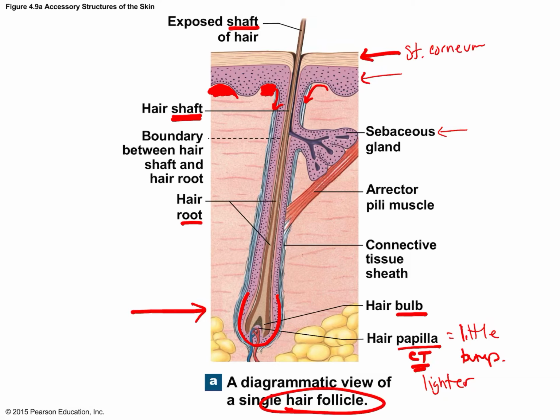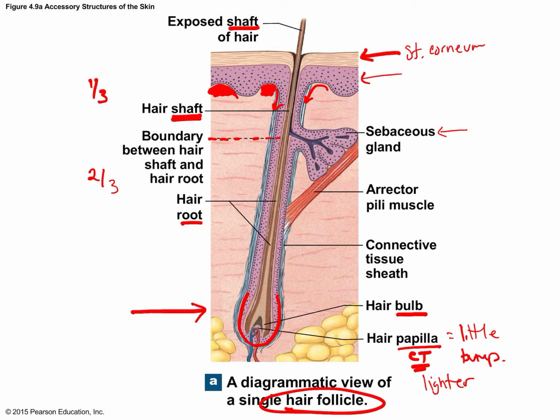So the shaft is organized and exits the skin, whereas the root is not yet quite organized. There is a boundary where that happens, but we can just simply say 2/3 of the hair follicle deep is the root, and the upper third is the shaft.